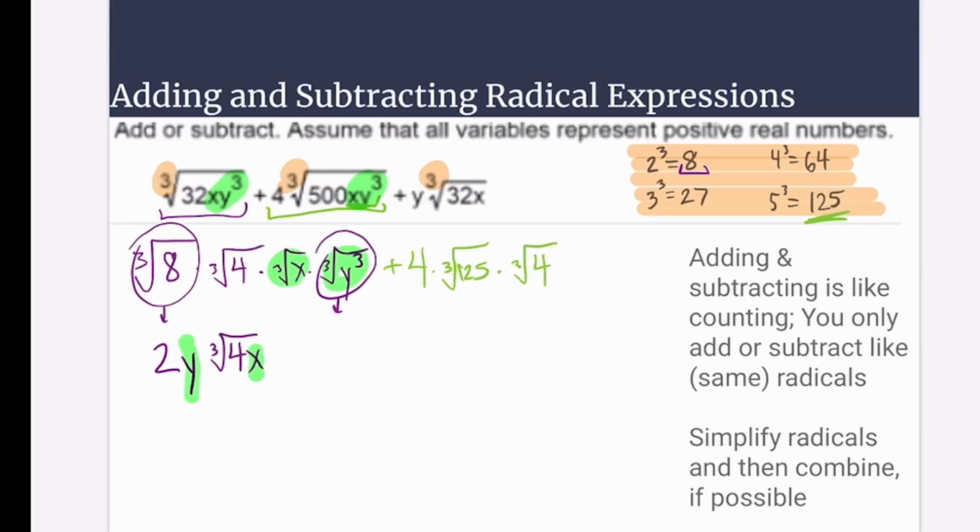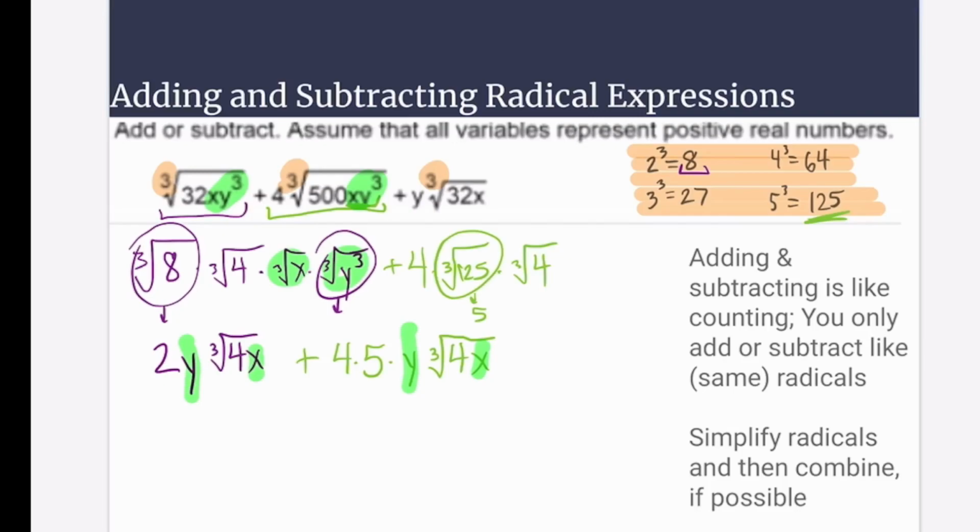It's that times 4. So cube root of 125 is 5. So I'm going to have 4 times 5. And again, that y and the cube root, that's all going to stay there. 4x. So the 4 stays inside, and I got the y and the x from that same piece.